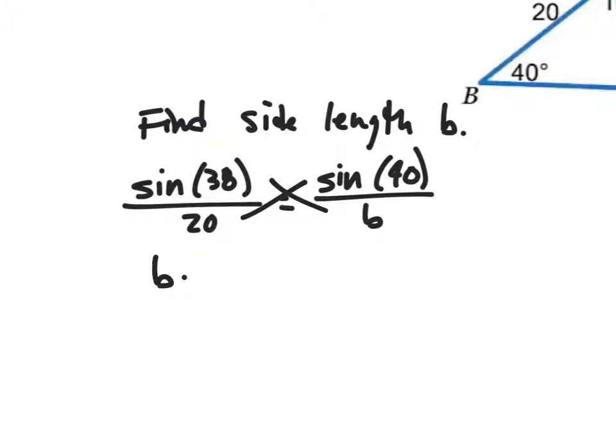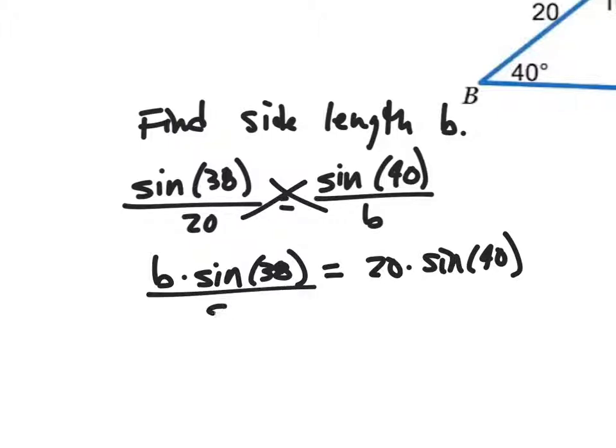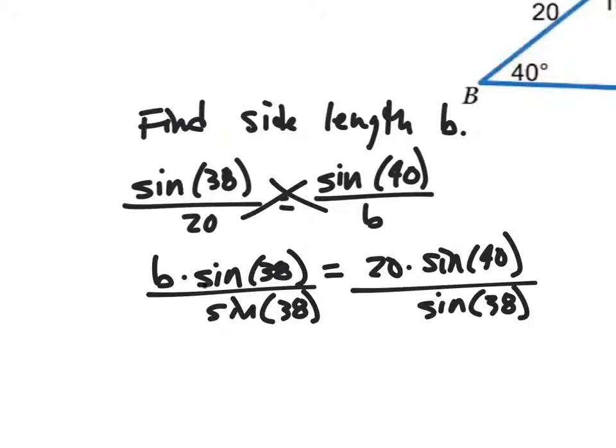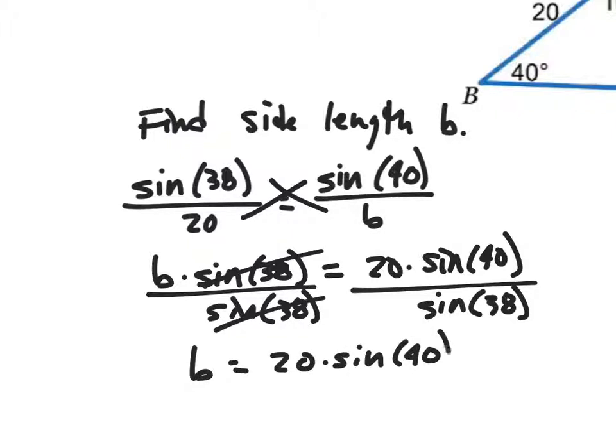So we get B times sine of 38 is equal to 20 times sine of 40. Divide by sine of 38. Those are going to divide out. B is going to equal 20 times sine of 40 over sine of 38.